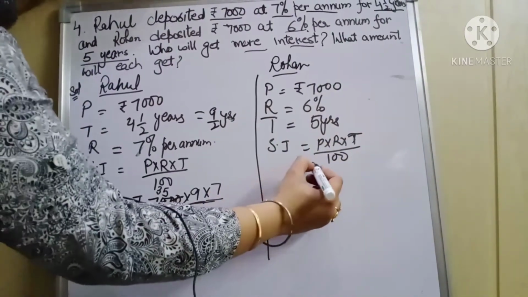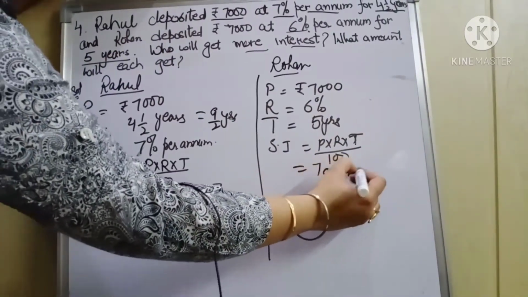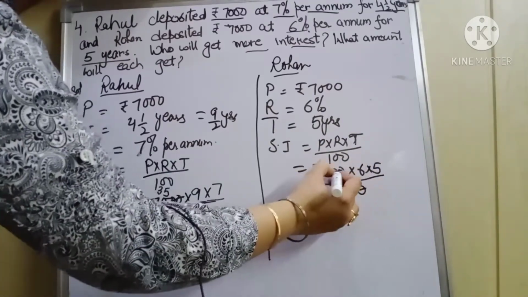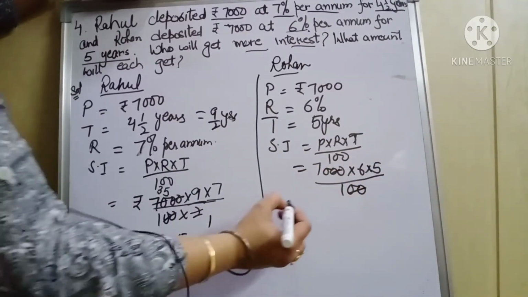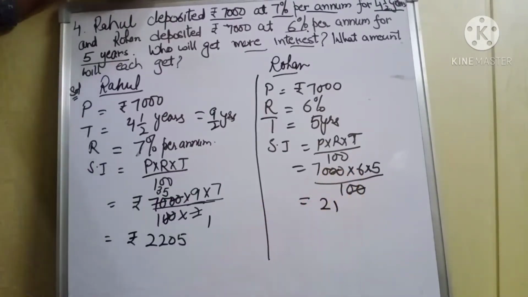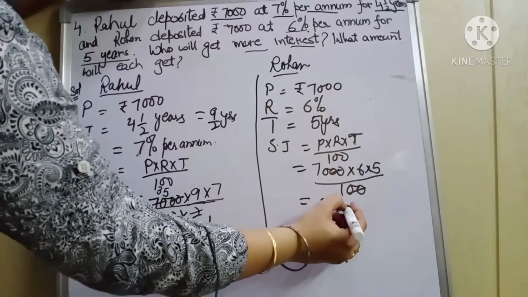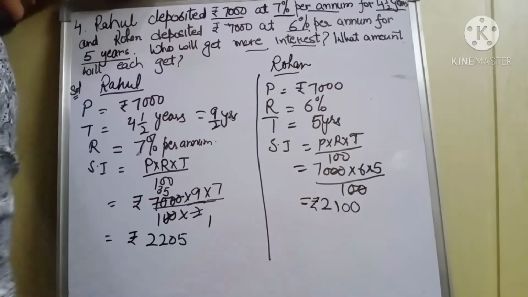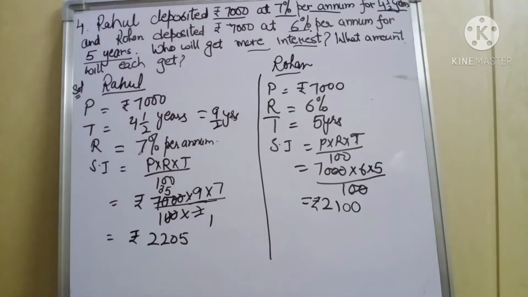Now 7,000 multiply 6 multiply 5 upon 100. Zeros cancel. 6 fives are 30, 3 sevens are 21, so the result is rupees 2,100. Now who will get more interest? So you can guess from here who gets more interest. Yes, it's Rahul. Rahul will get more interest.